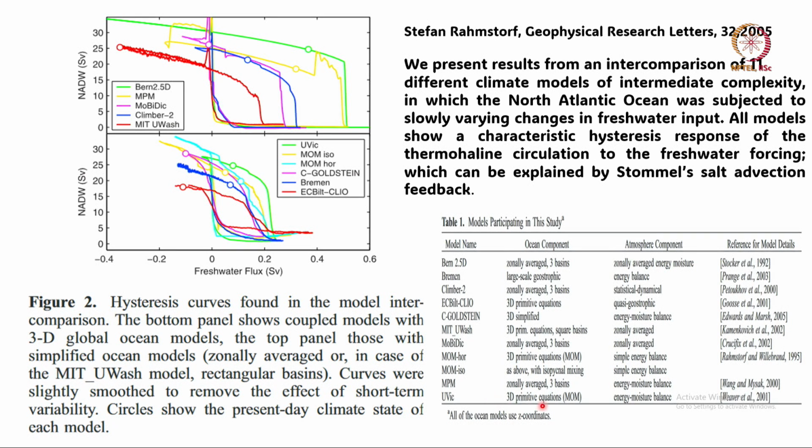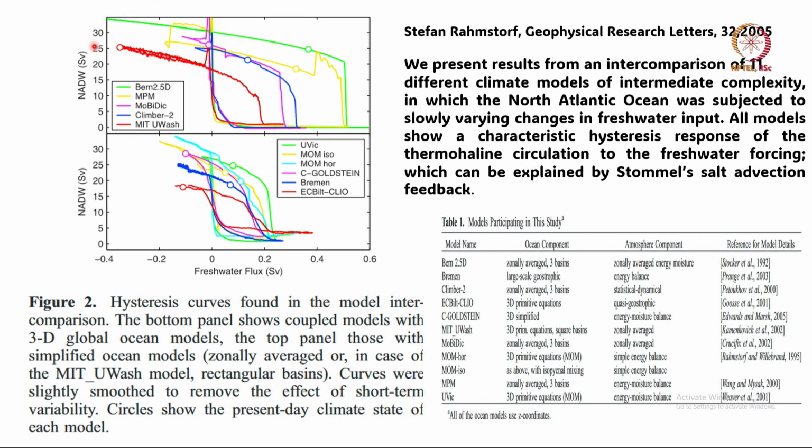Somewhere at the bottom here are full 3-dimensional models, and there is a model here which is just 3 basins, and then there is a zonally averaged model. You do not worry about zonal variation.